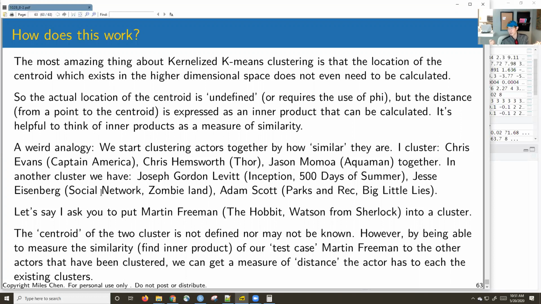But can we take new actors and cluster them and say, are you more similar to these actors, or to these actors? So whoever your new actor is, or new observation, you compare to the values that exist.